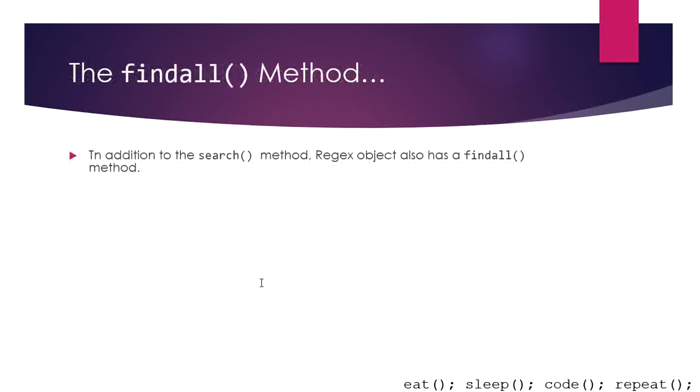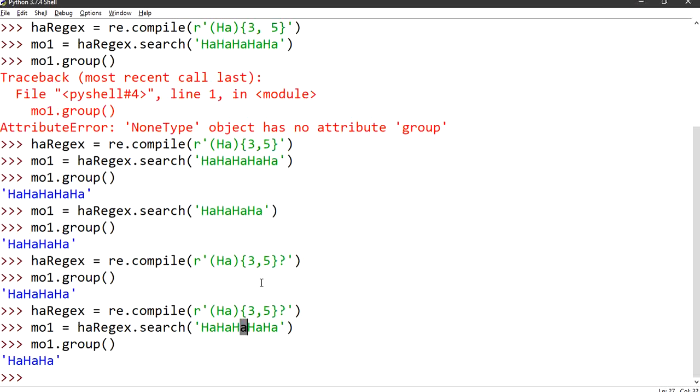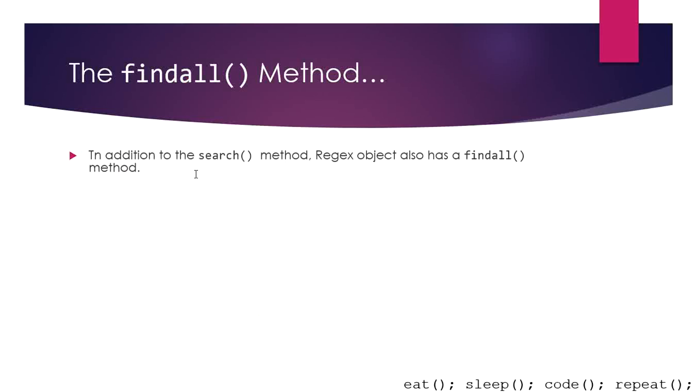Moving forward, the findall method is very important. Till here, what we were using for finding something was the search method of the re module, but now we're going to use findall.